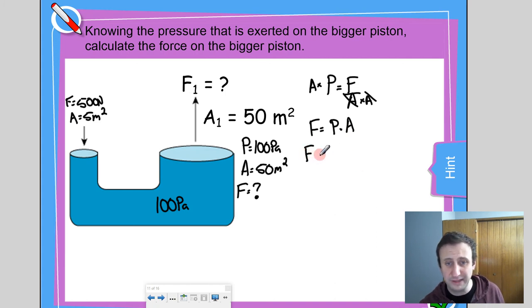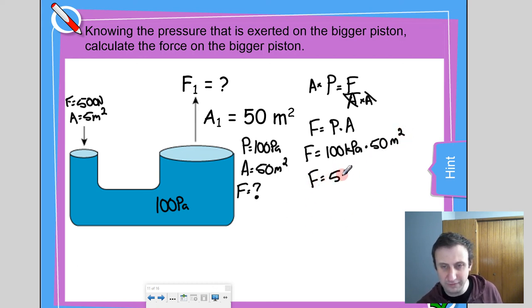So my force is equal to 100 pascals multiplied by 50 meters squared. And holy smokes, I get 5,000 newtons. Wow, that's crazy. By applying 500 newtons here, I get 10 times the force over here.